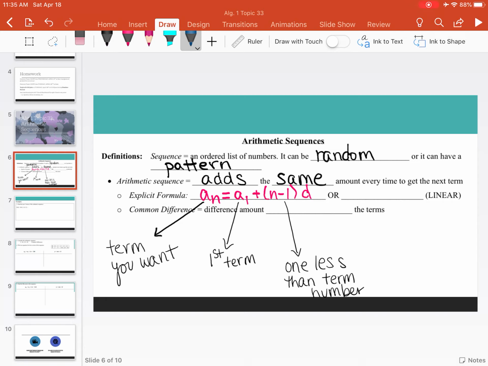And this is assuming that n is going to stand for our term number. Now D here stands for the common difference.